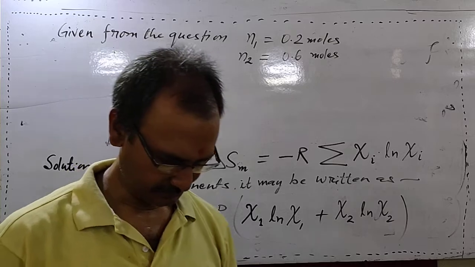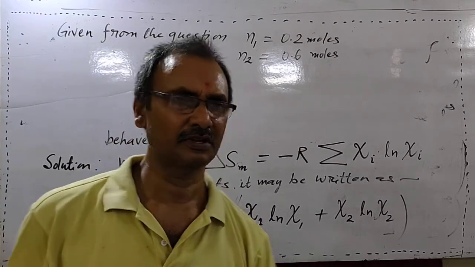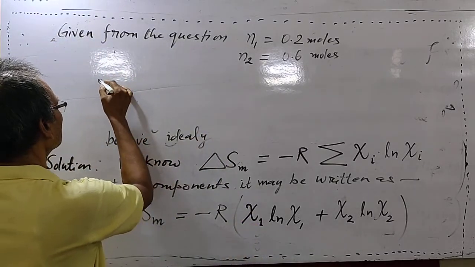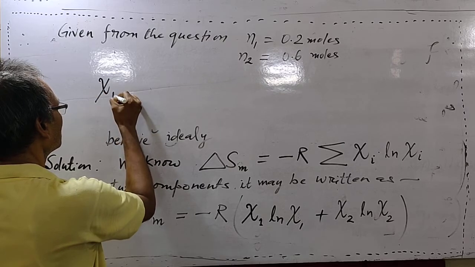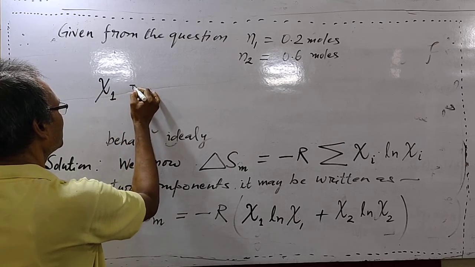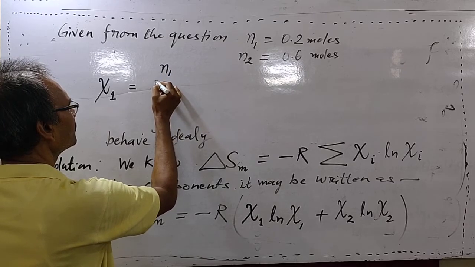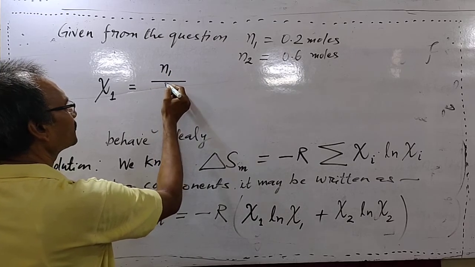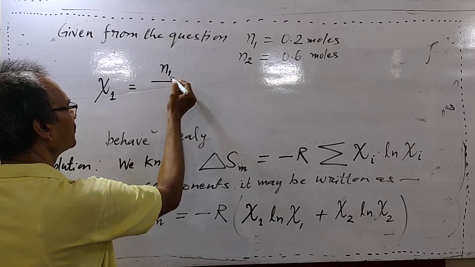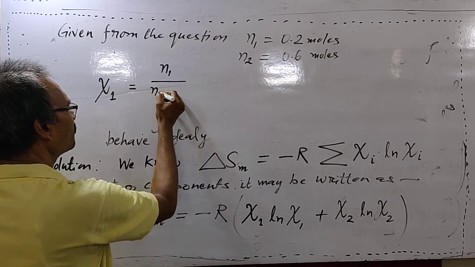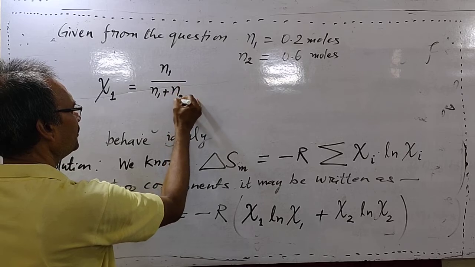Mole fraction chi_1 for the first gas will be equal to number of moles of the first gas divided by total number of moles, N1 plus N2.